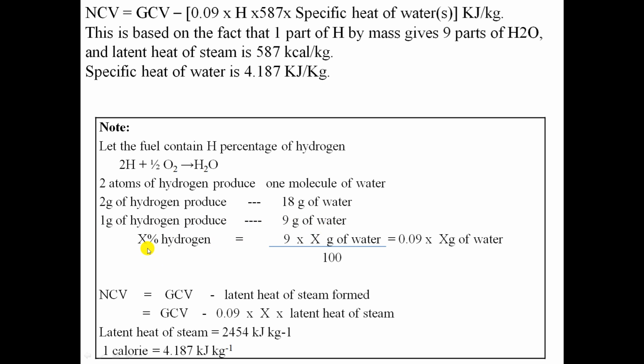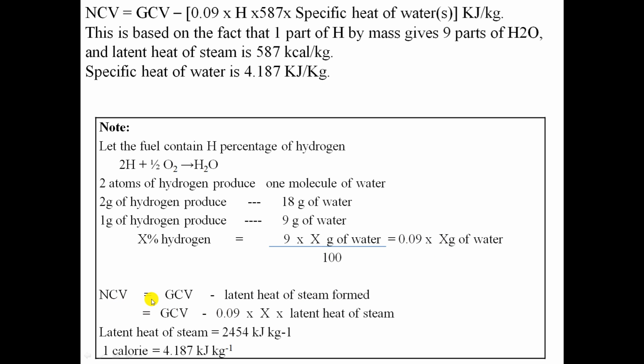Therefore, X percentage of hydrogen containing fuel will produce 9 into X grams of water divided by 1000. Therefore, water produced by X percentage of hydrogen containing fuel is equal to 9 into X divided by 1000. That will become 0.09 into X. X is the percentage of hydrogen here.